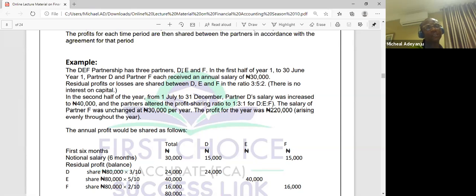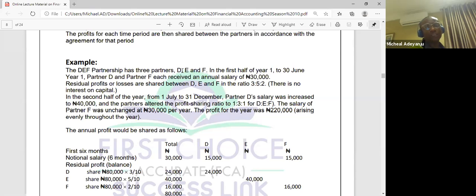Partnership DEF has 3 partners, D, E, and F. The first half of the year, that is 1st January to June 30th, partner D and partner F received an annual salary of 30,000 naira. That is notional salary anyways. Residual profit or loss are shared between D, E, and F in ratio 3:5:2. There is no interest on capital.